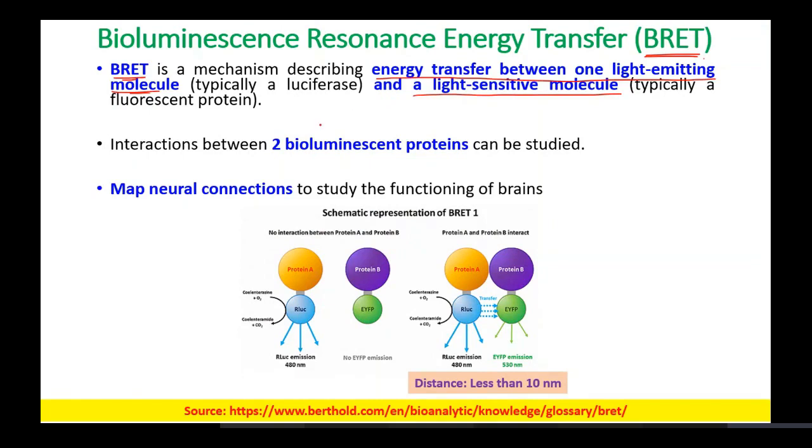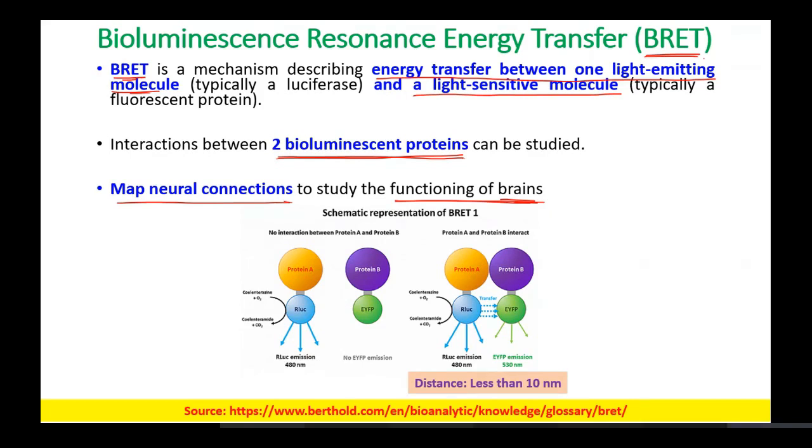Herein the interaction of two bioluminescent proteins can be studied. These have been used successfully in mapping neural connections within the brain, and it helps us in studying the functioning of the brain. Now, how does it work?